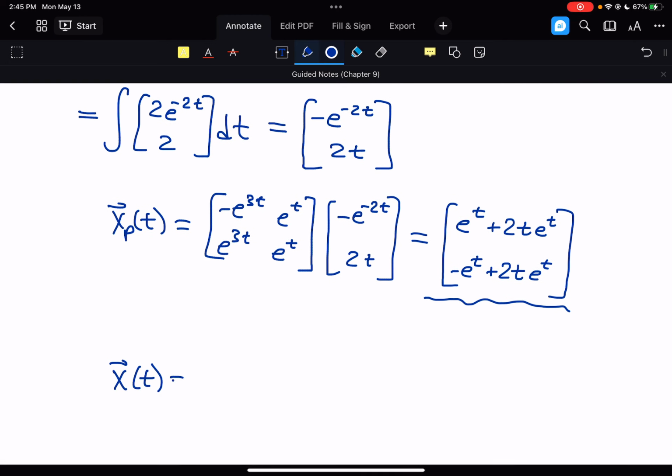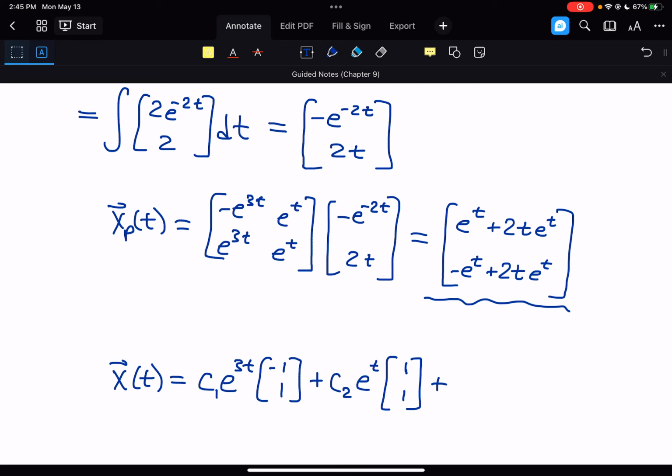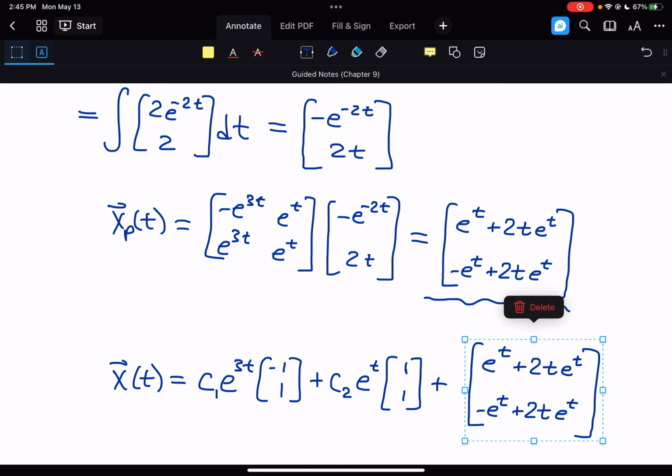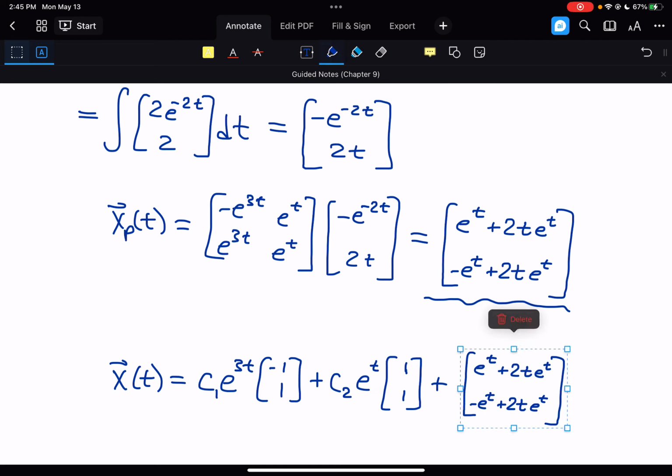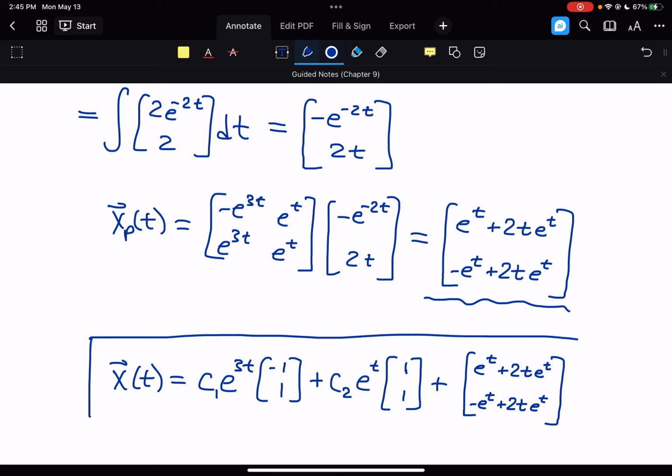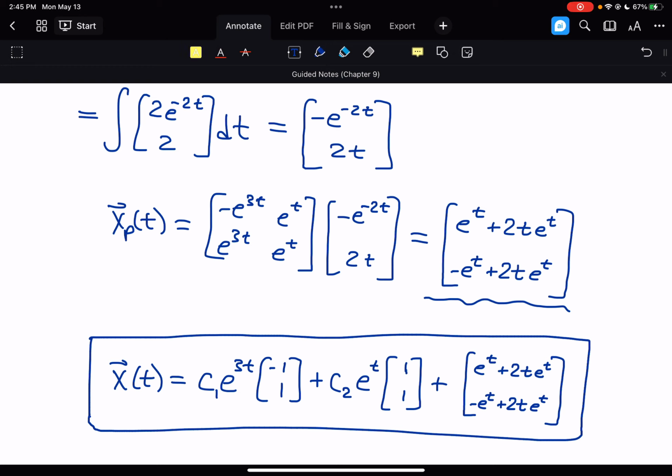So we get x(t) equals c1 e^(3t) times negative 1, 1, plus c2 e^t times 1, 1, plus all of this. And that would be our general solution to that system of differential equations.